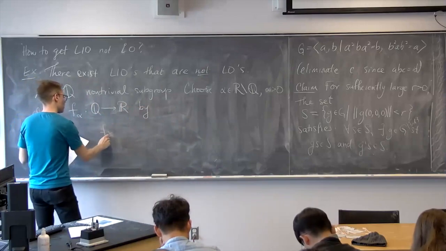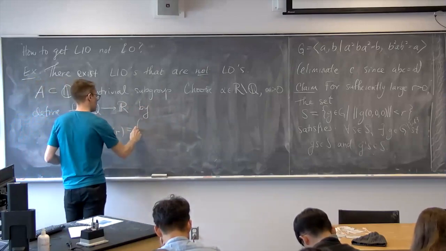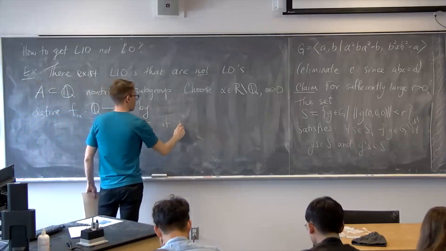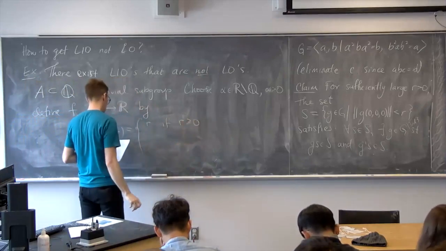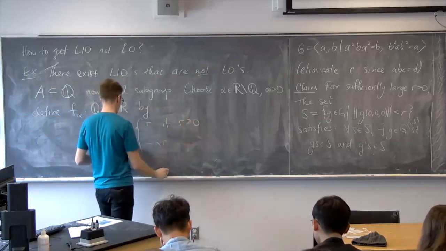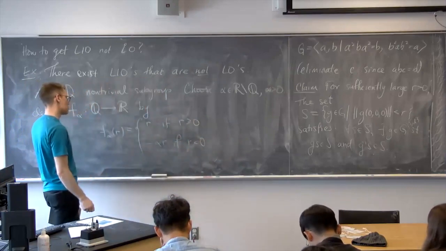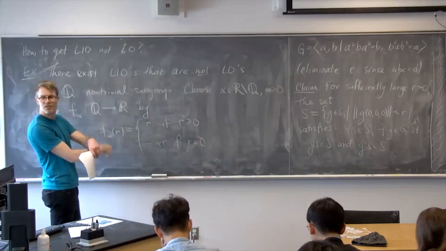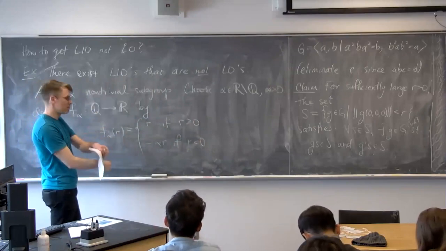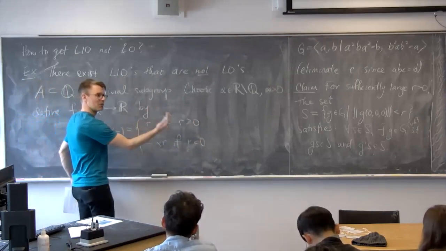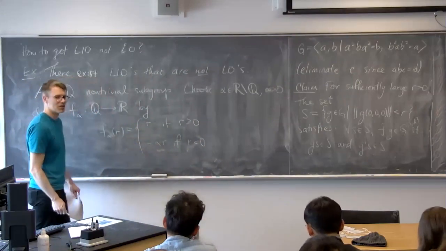So f_alpha(r) is r if r is greater than or equal to 0, and it's minus alpha r if r is less than 0. All right, so what we're doing is we're taking Q and then folding it in half at 0, and then scaling the negatives that got folded into the positives by some irrational quantity.